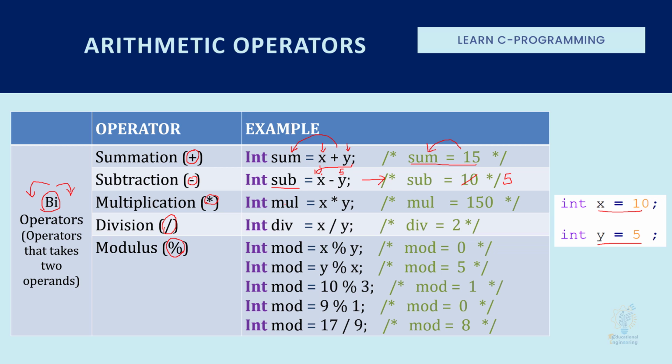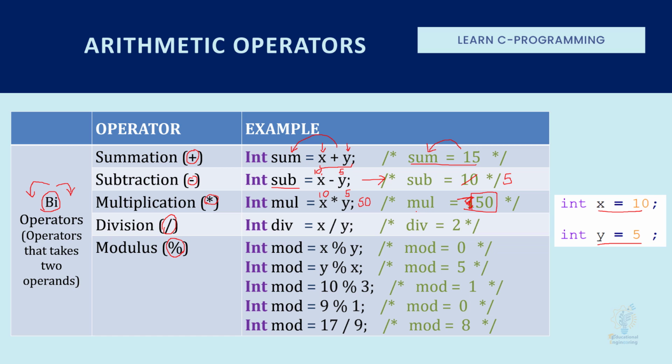Now let's move on to the multiplication. X multiplied by y. X here is 10. Y here is 5. Now when you multiply 10 by 5, it will be 50. So here we have this answer, 50.